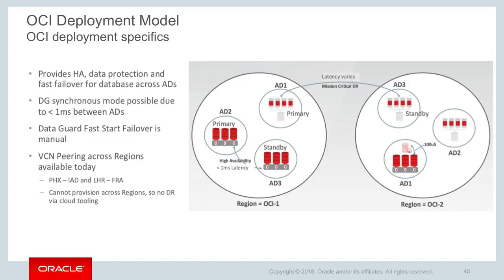This slide shows you the OCI deployment model for your databases. When you enable this kind of an architecture, you can provide high availability, data protection, and fast failover for your databases across the availability domains.